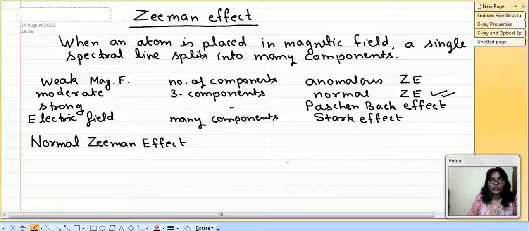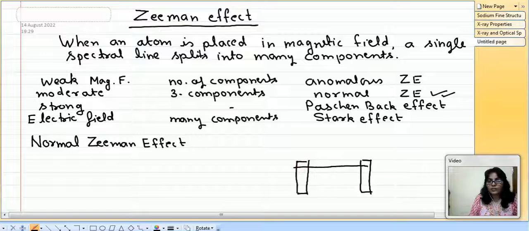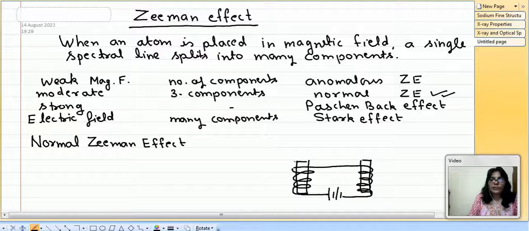So let us make a diagram here. There will be two poles, electromagnets. I am going to make electromagnets having two poles. So these are two electromagnets, and then there will be a potential difference between the two.